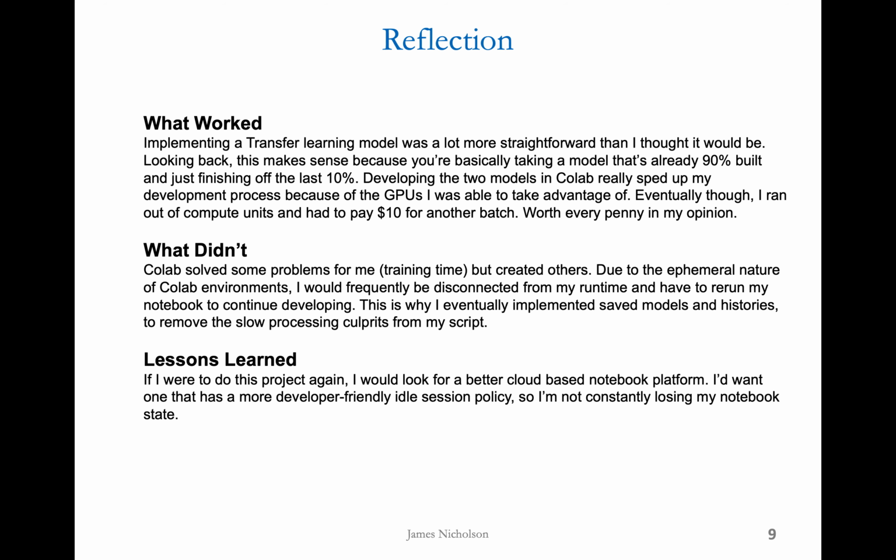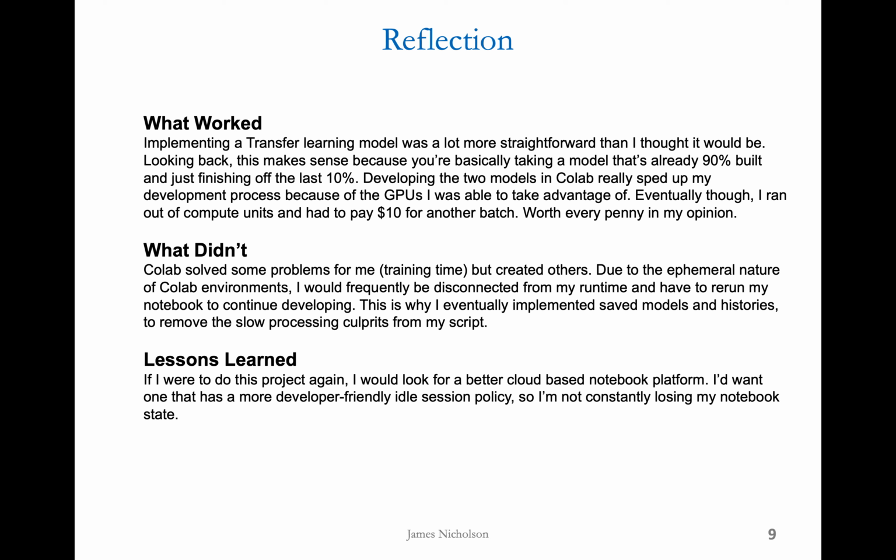So reflecting on this project, I want to talk a little bit about what worked, what didn't, and some of the lessons learned. Implementing a transfer learning model was actually a lot more straightforward than I thought it would be. Looking back, this makes sense because it's basically taking a model that's already 90% built and just finishing off the last 10%.